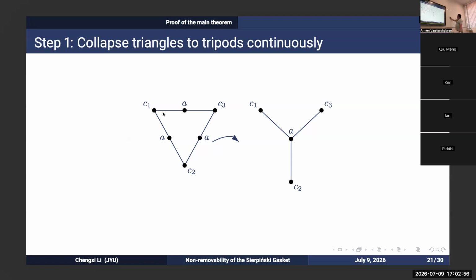So it means that the center is here, and the center of the 3 sides all sink to the center of the triples, and these 3 points stay to be these points. Then we iterate this, and the construction is very delicate, and we can show that F is equal to identity. F is identity on the unbounded component.